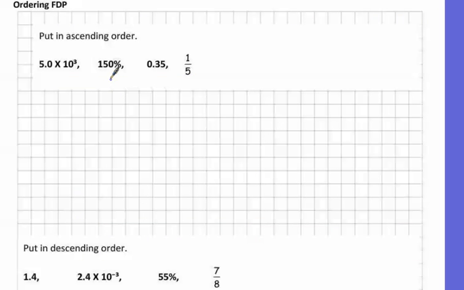Remembering, when ordering FDP, always convert each of these to a decimal.